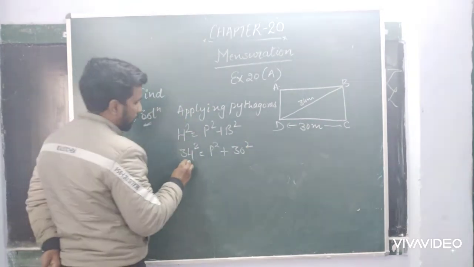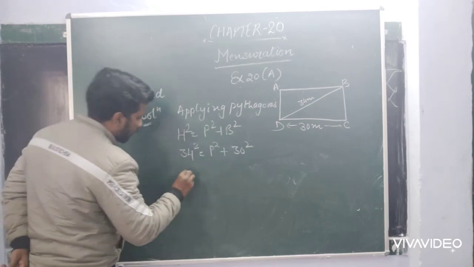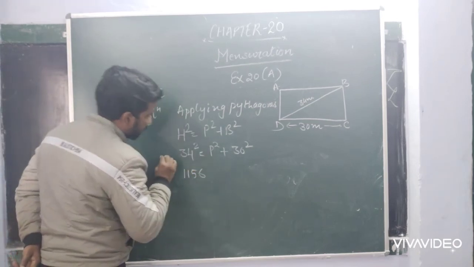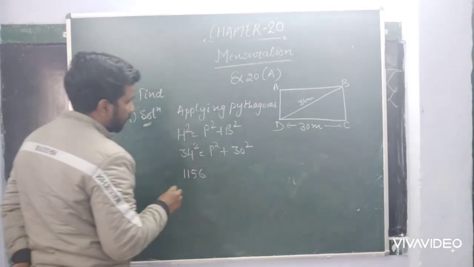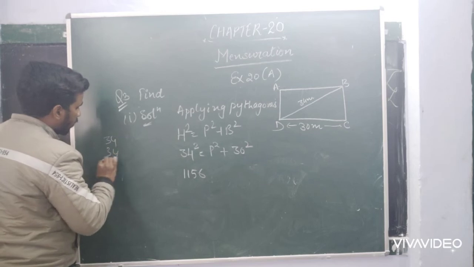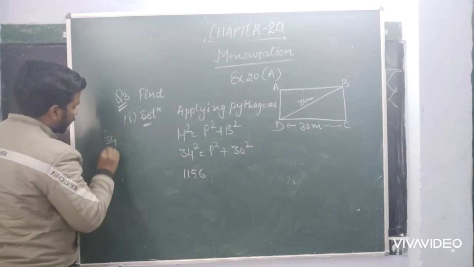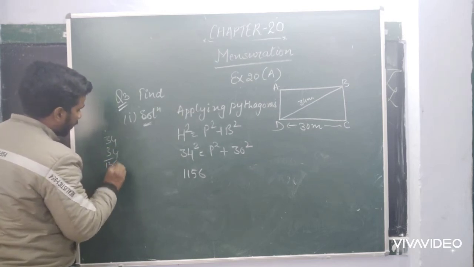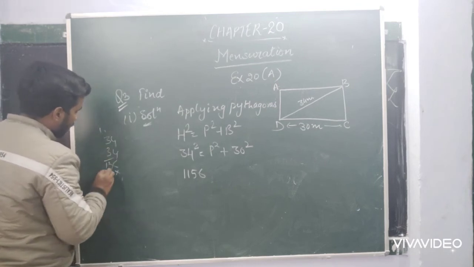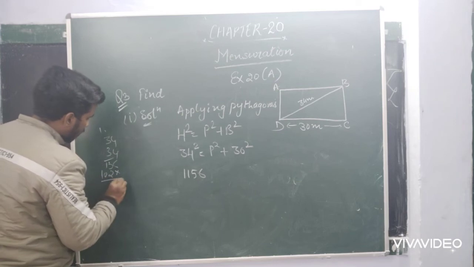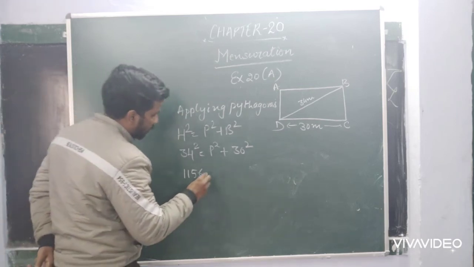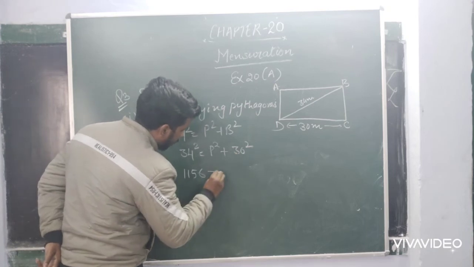When you multiply 34 by 34, you will get 1156. 4 4s are 16, 4 3s are 12, 13, and 4 3s are 12, carry 1, 3 3s are 9 and 10. So 1156, and this is 900.